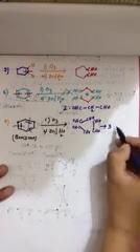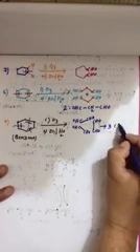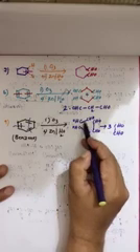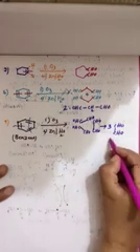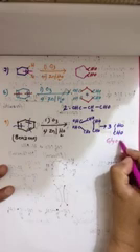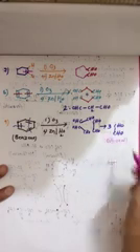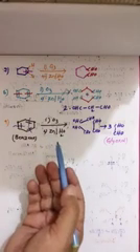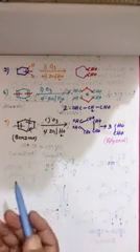This is the only final product. I am writing CHO bond CHO. Am I right? CHO bond CHO, this is what we call glyoxal. So benzene ozonolysis gives glyoxal. Very simple trick.